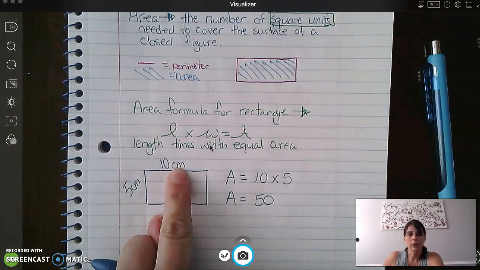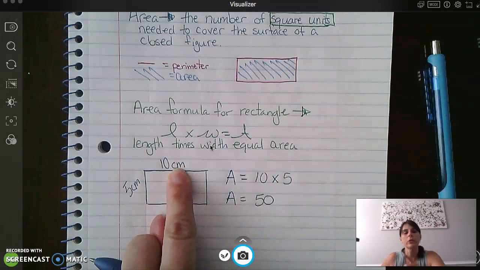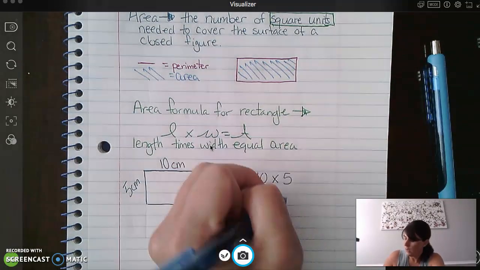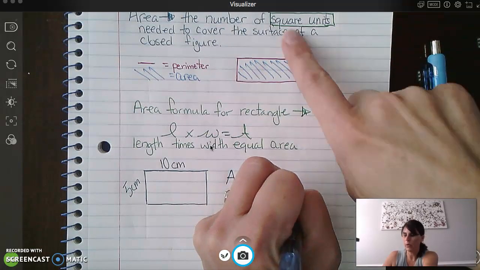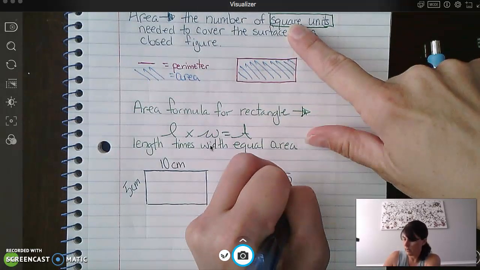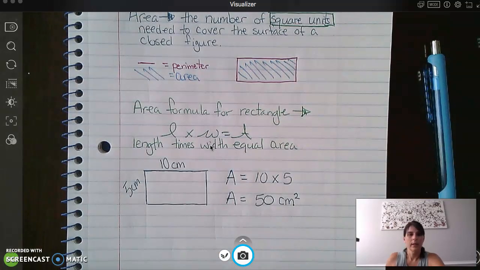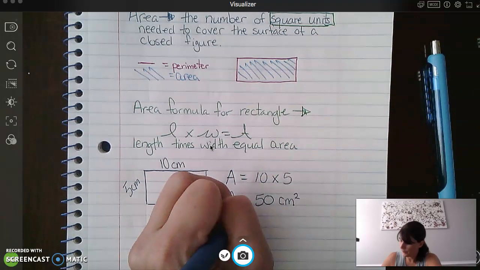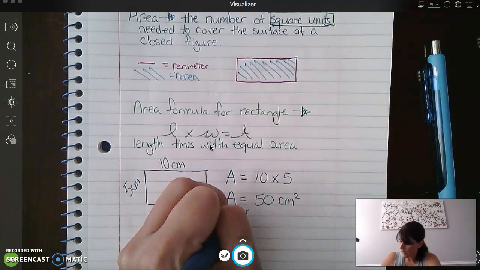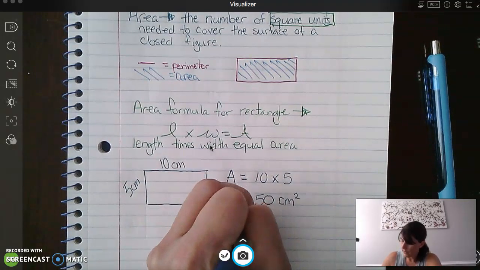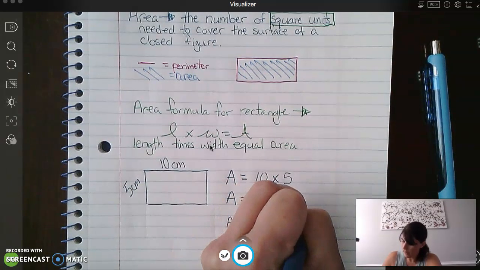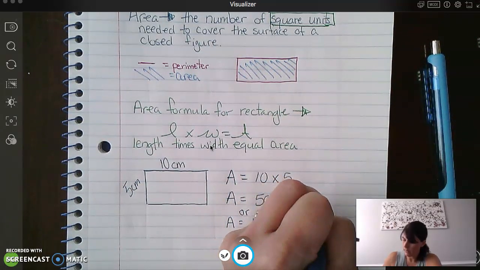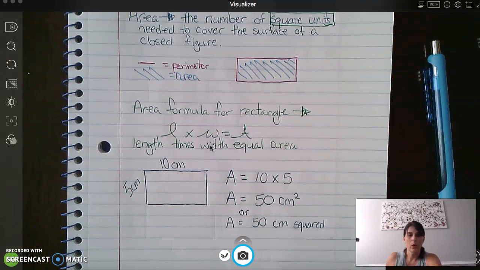And again, I have a unit of measure, so my unit of measure has to be in my answer. So that would be centimeters, and this is area, and we use square units, squared. That's how I would write that, 50 centimeters squared. Or I could write area equals 50 centimeters squared, if I wanted to use the words.